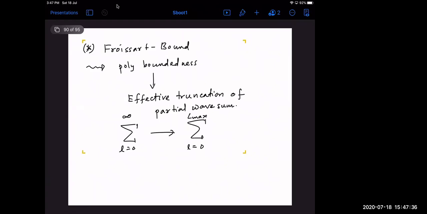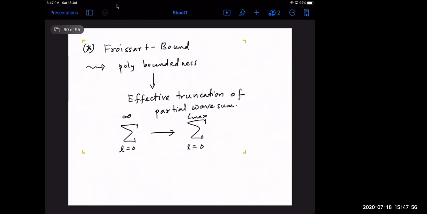It seems that all these partial waves up to L max behave in a certain coherent way, while the rest of the partial waves are not really joining in the process. So can we give a QI theory explanation?